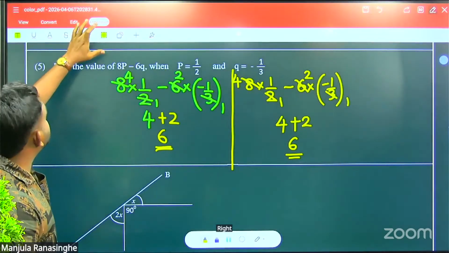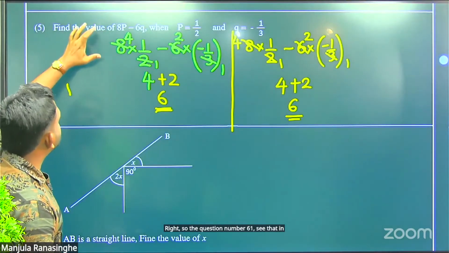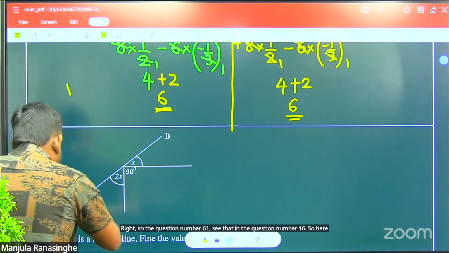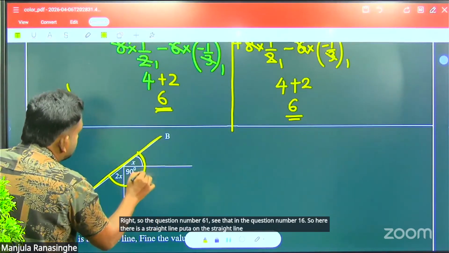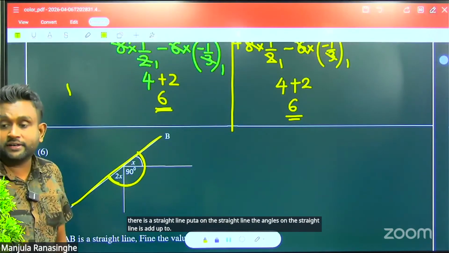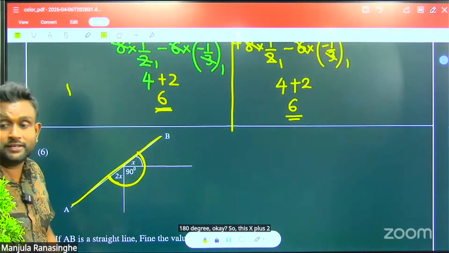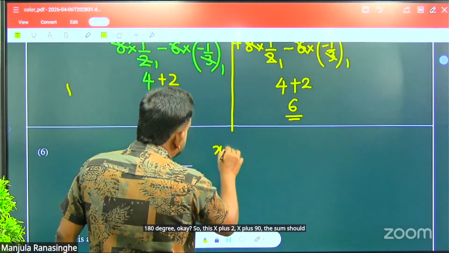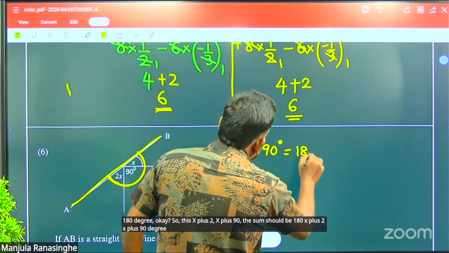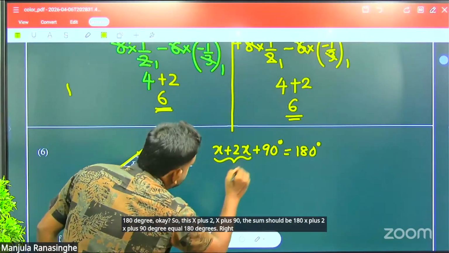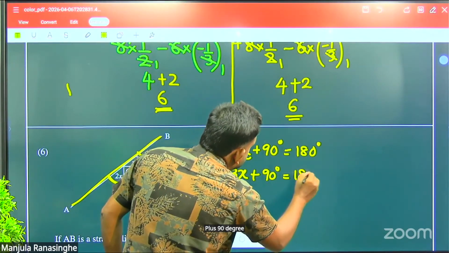Now question number 6. Here there is a straight line. The angles on a straight line add up to 180 degrees. So this x plus 2x plus 90, the sum should be 180. x plus 2x plus 90 degrees equals 180 degrees. Then x plus 2x you add as 3x plus 90 degrees equals 180 degrees.